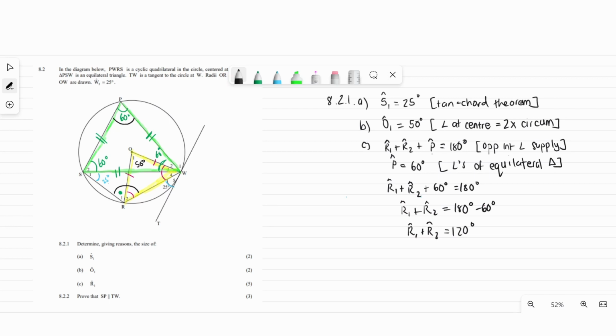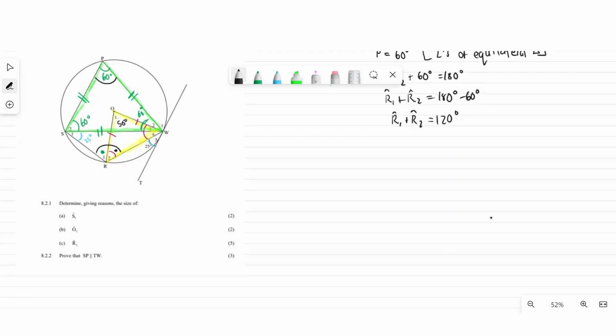Okay? So having that in mind, now we need to find this one, which I just highlighted in black, and we can find it by finding the sum of angles in a triangle. Since we have O1 as 50 degrees, and because OR and OW are radii, the triangle is isosceles. So we know that OR is equal to OW, and the reason is radius.